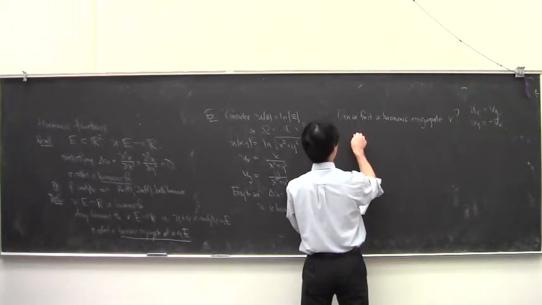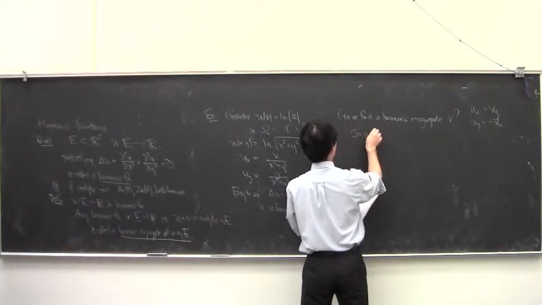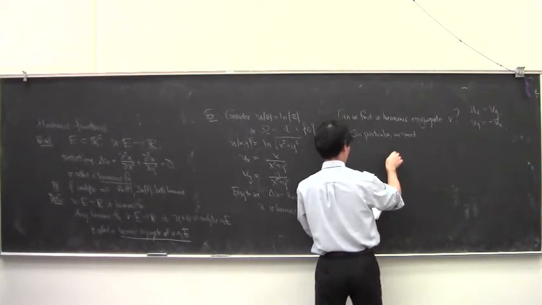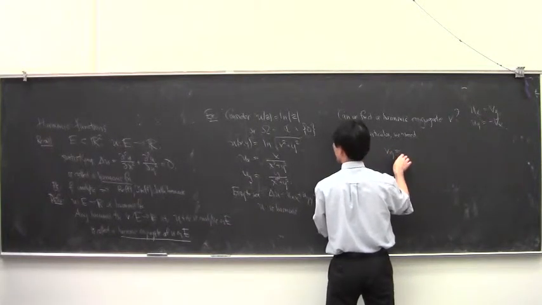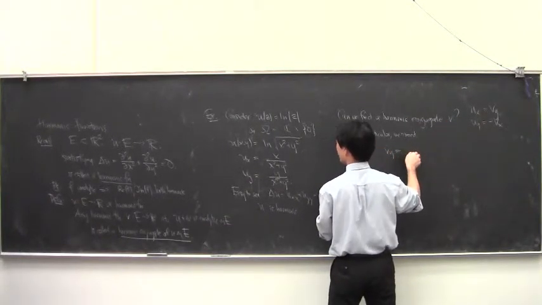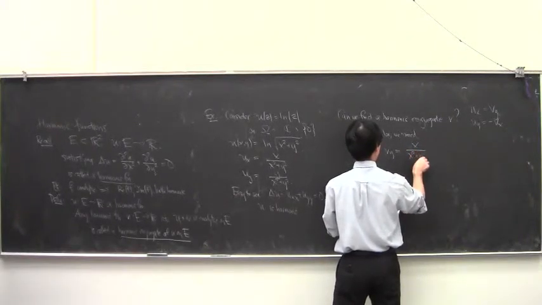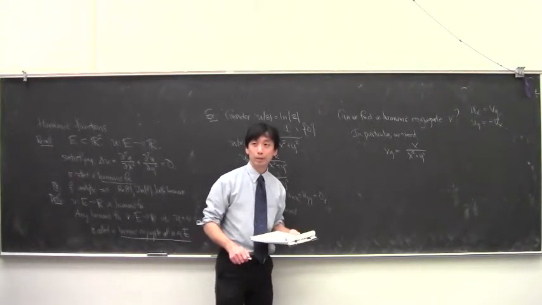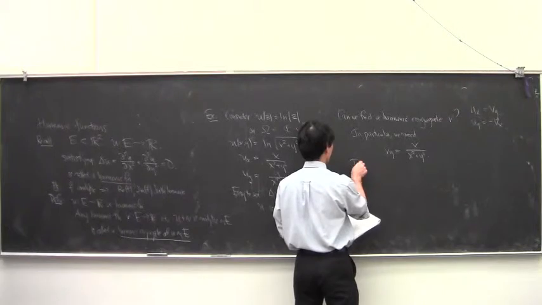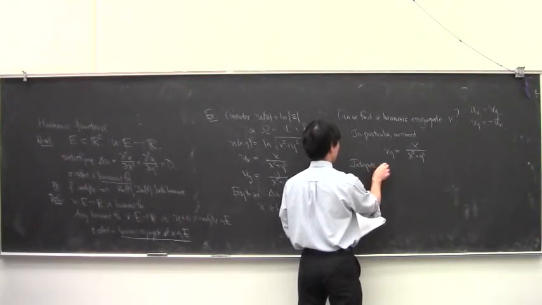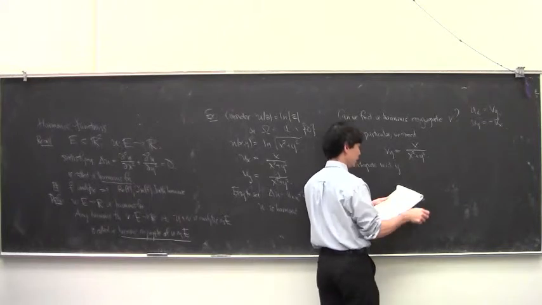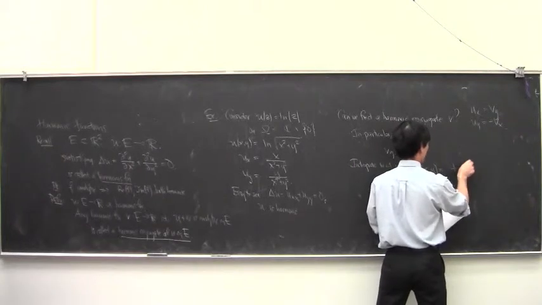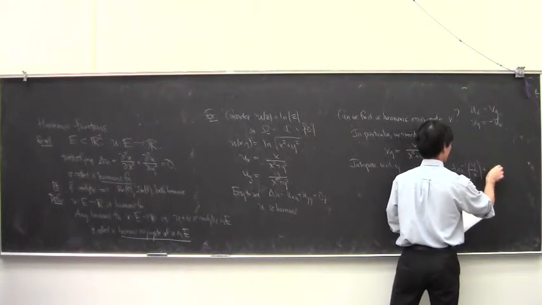In particular, we need v sub y to be u sub x, which is to say x over x squared plus y squared. So integrating with respect to y, you end up with v of x, y being arctan of y over x plus some function of x.